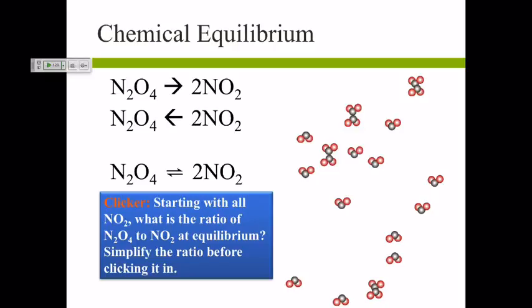What's our equilibrium constant? Click in your answer. What's our equilibrium constant? If this is frozen at equilibrium.